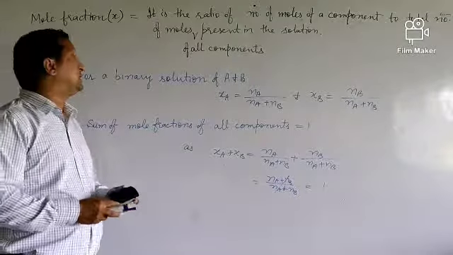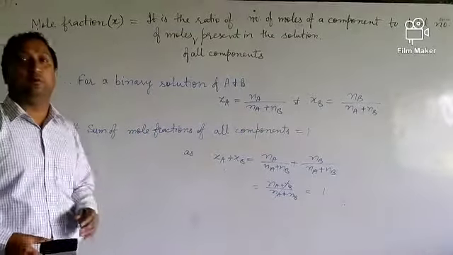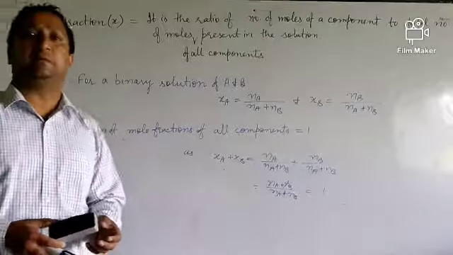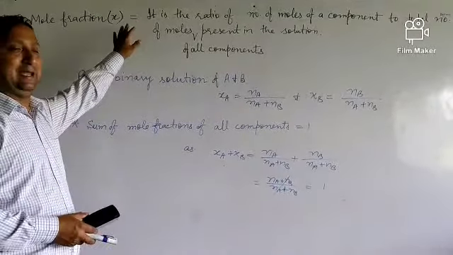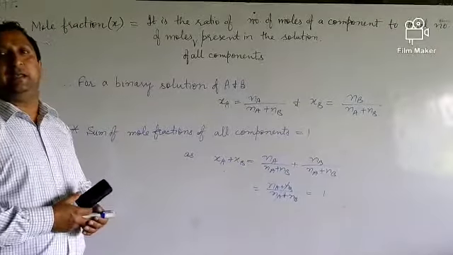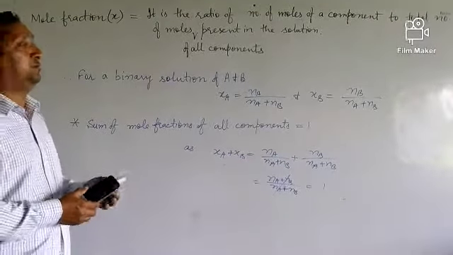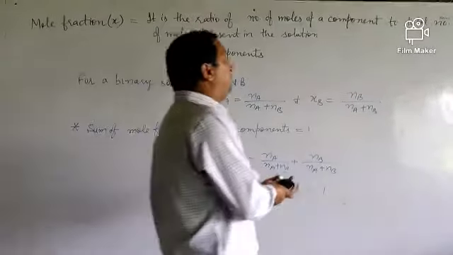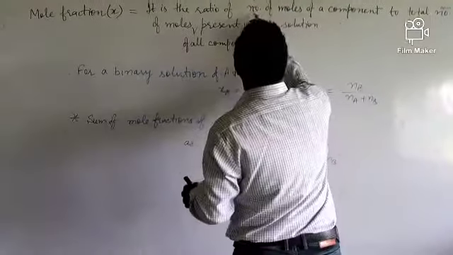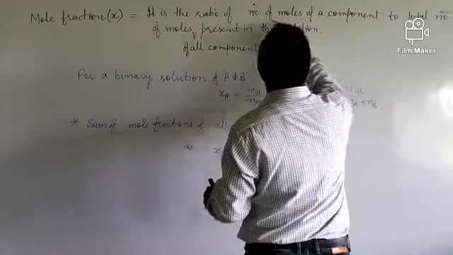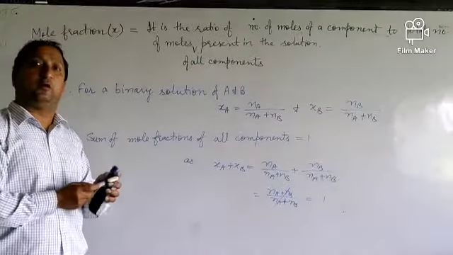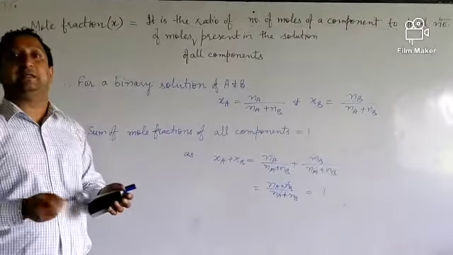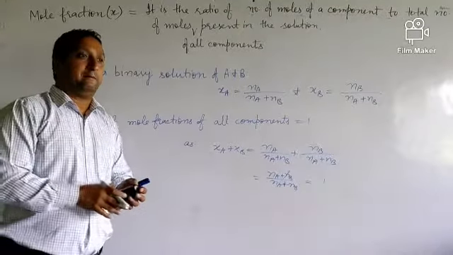Student, our next concentration term is mole fraction. You have read it in the +1 class also. Mole fraction is represented by X. And what is it? It is the ratio of number of moles of a component to total number of moles of all the components which are present in the solution.